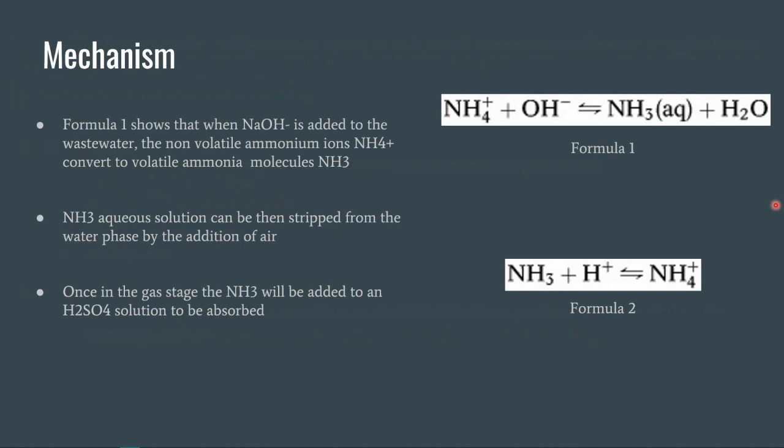In this method, it can be seen in Formula 1 that when NaOH, a base, is added to the wastewater, the non-volatile ammonium ions, NH4+, convert to volatile ammonia molecules, NH3. The NH3 aqueous solution can then be stripped from the water phase by the addition of air, which can be seen here.